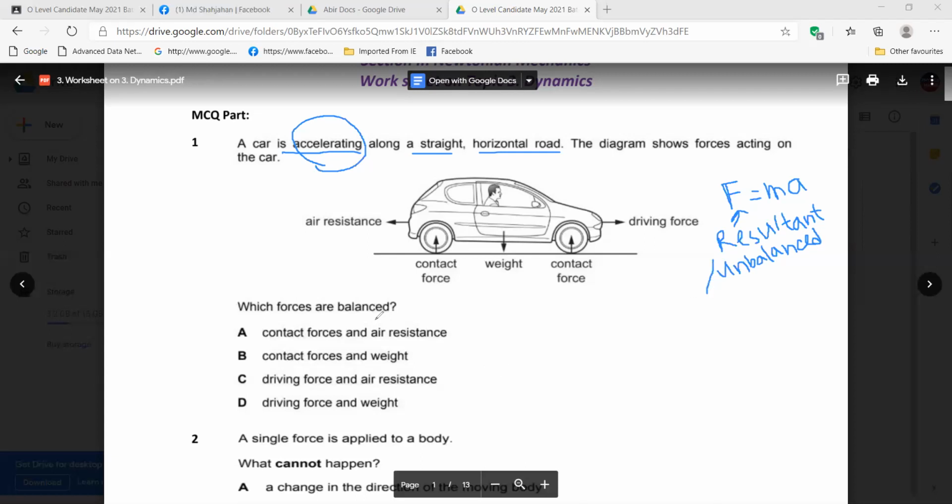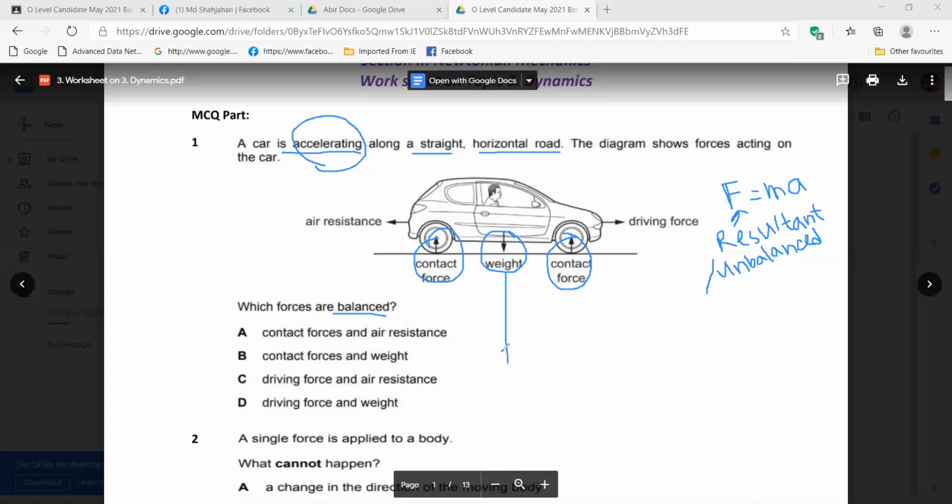So they are asking about the balanced force. It's going forward, right? Driving force is there, so the resultant force is working forward, and here we have other forces, weight and the contact force. Weight is working downwards, and the size of weight is greater.